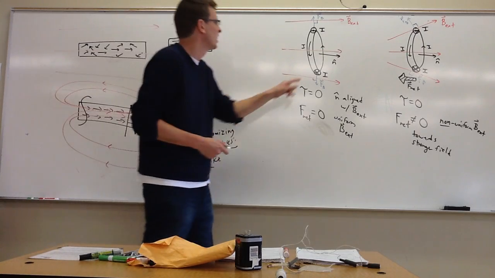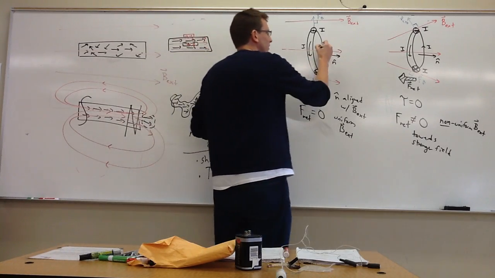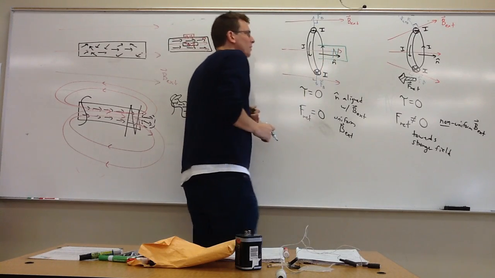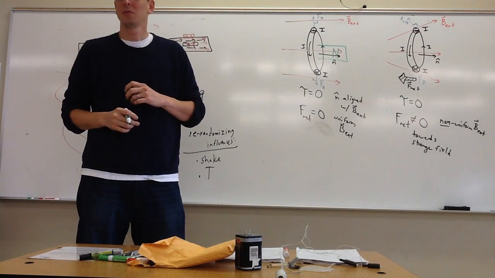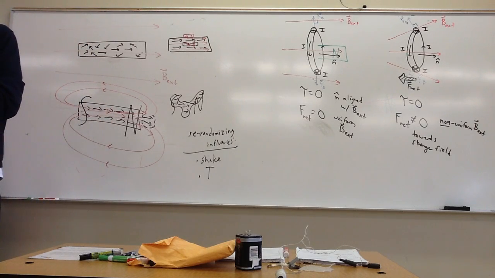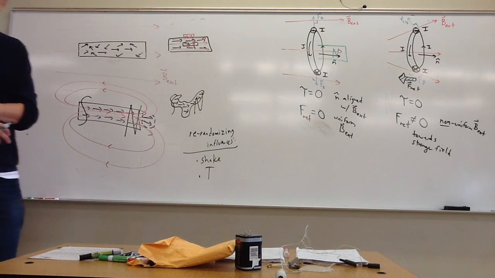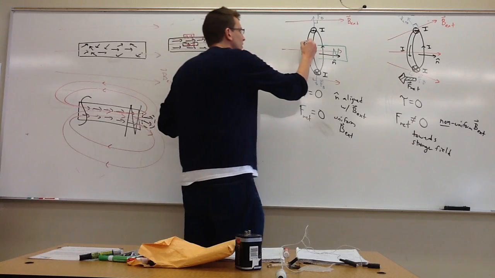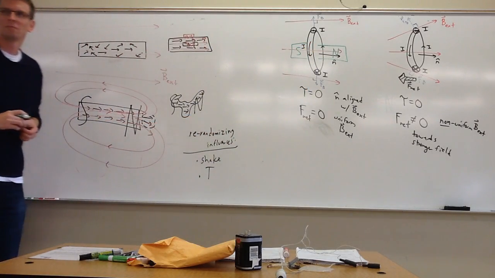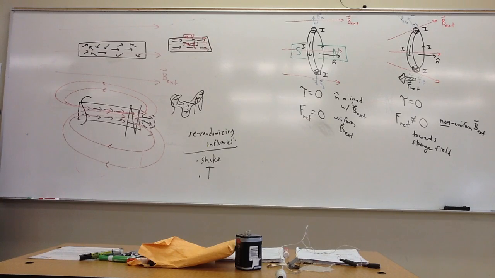Well, we know that the magnetic field comes out along with the normal, okay? Remember that the magnetic field of the loop itself points along the direction of the normal. So there's your north, and there's your south.